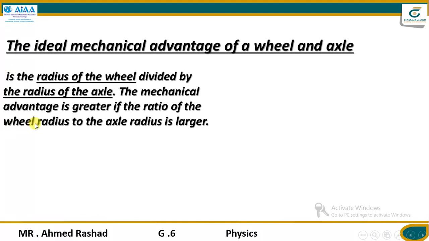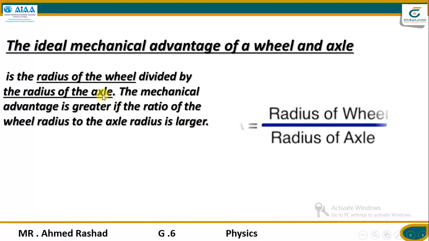The radius of the wheel divided by the radius of the axle gives the mechanical advantage, and it is greater if the ratio between the wheel radius and the axle radius is larger.